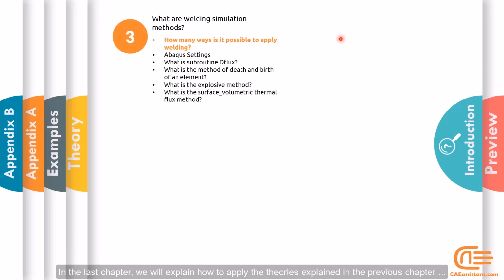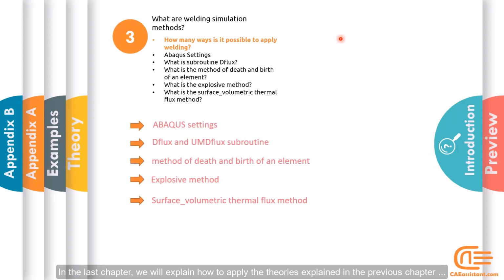In the last chapter, we will explain how to apply the theories explained in the previous chapter, and how many ways it is possible to simulate welding in the Abaqus. We are going to simulate welding in several ways. The first one is the common way through the Abaqus settings.